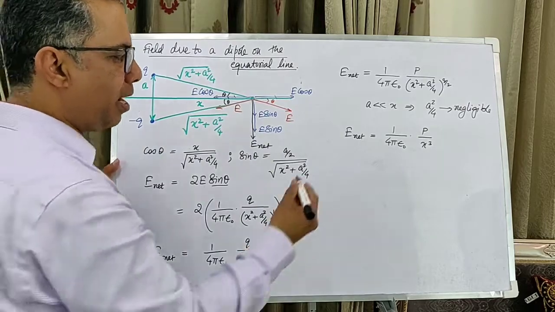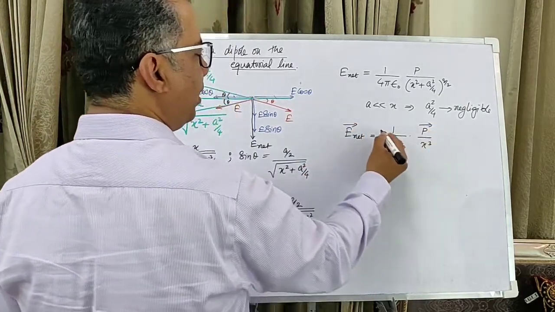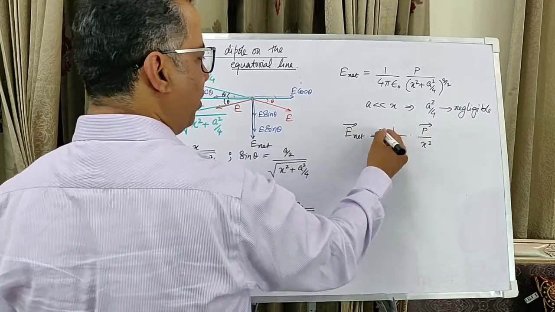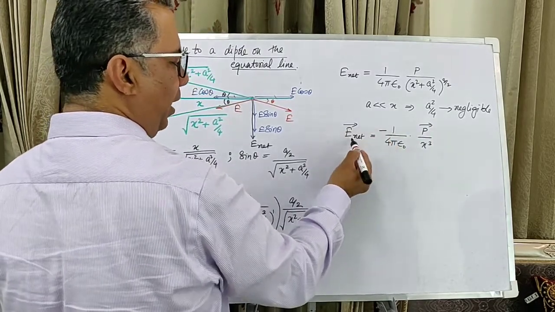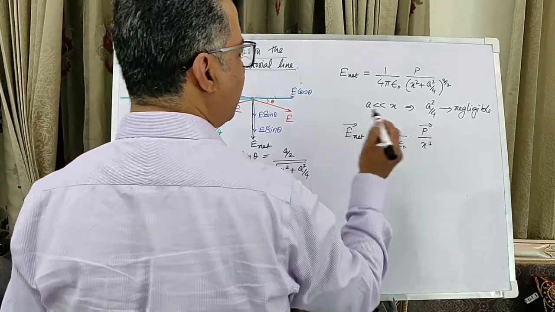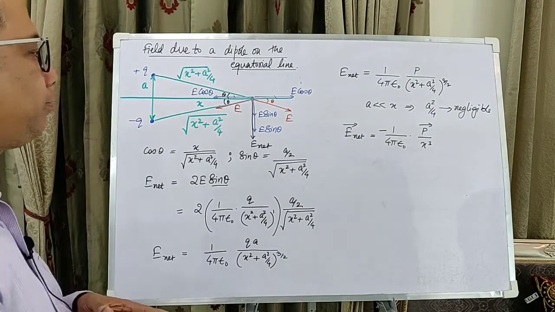So they are opposite in direction, and if you were to use vectors, you have to have a minus. This minus indicates that the directions of the net field and the dipole moment are opposite.